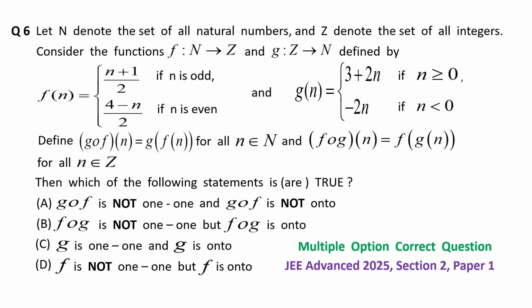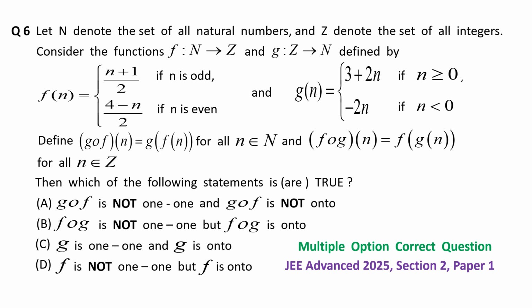Define g of f of n equal to g of f of n for all n belonging to capital N, and f of g of n equal to f of g of n for all n belonging to capital Z. Then which of the following statements are true?